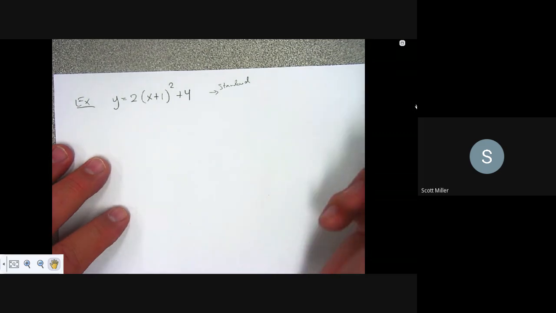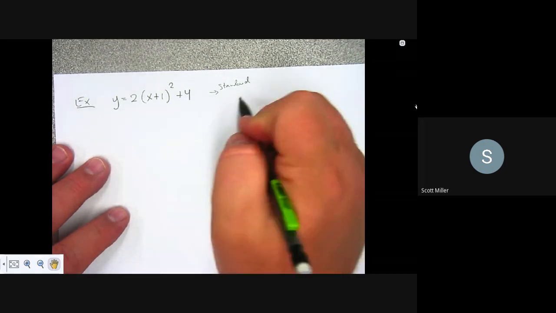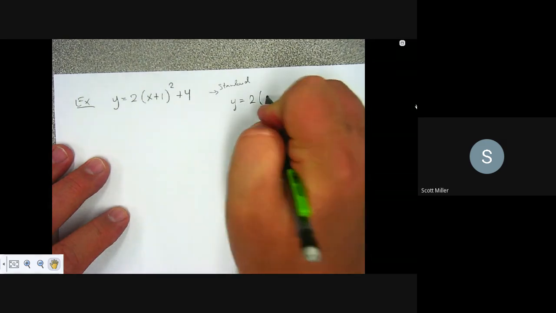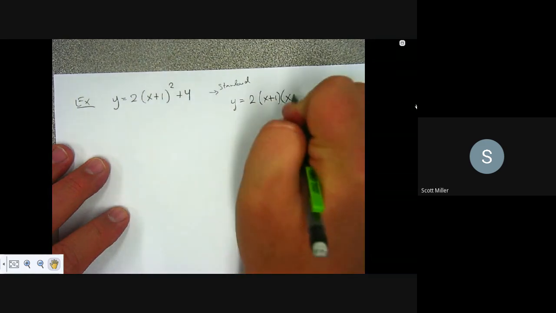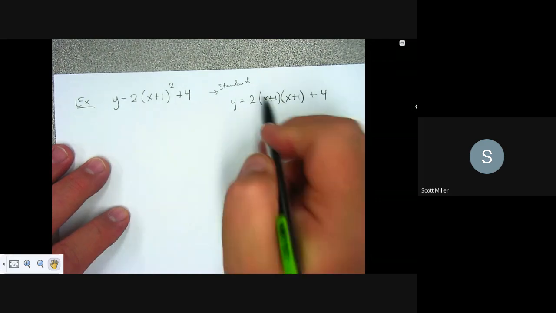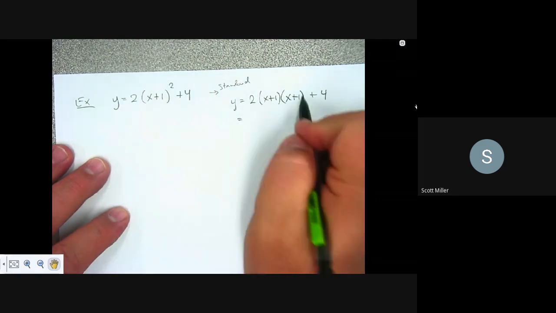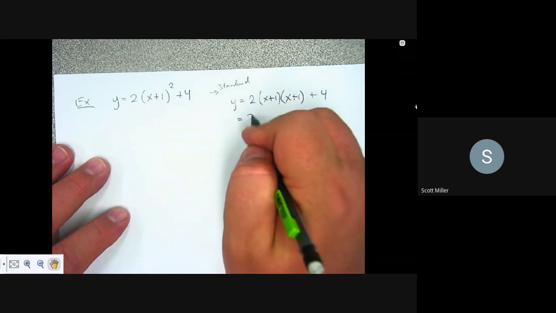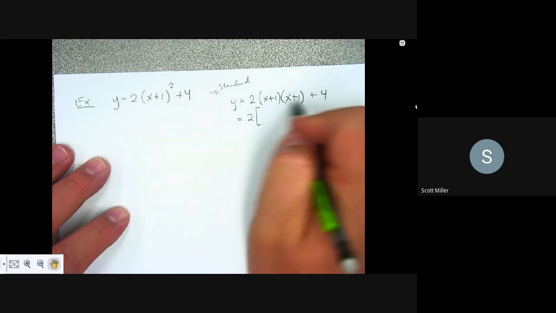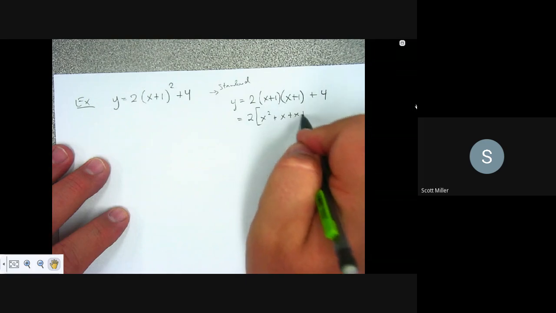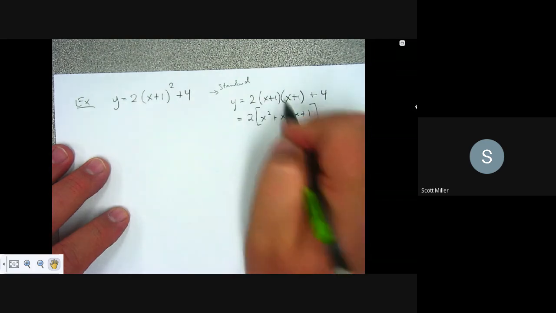And so what did I say we do? We need to multiply it out. So here's what it would look like on your paper. This is 2 times (x plus 1) times (x plus 1), because that's the squared part, plus 4. Now, you're going to multiply that together. Because I still have to multiply the 2, I recommend that you wait, and multiply that out first. So that's the product.